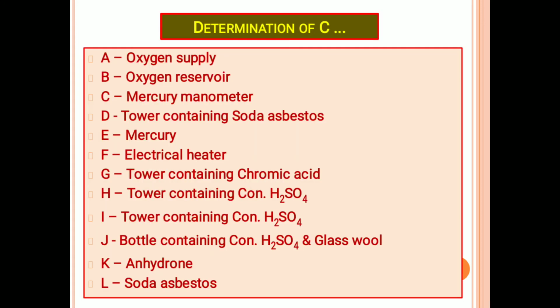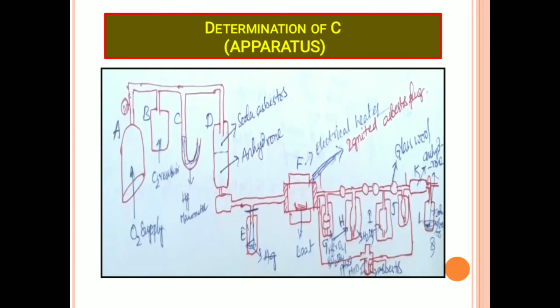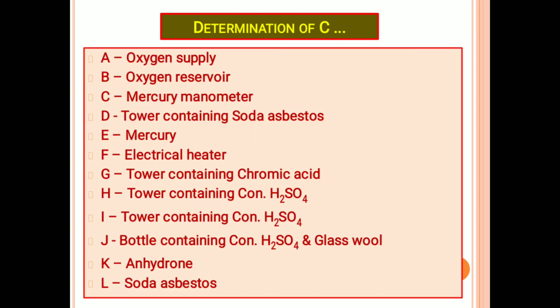And H is the tower containing concentrated H2SO4, and I also contains concentrated H2SO4. You can observe these two. So those two are towers containing H2SO4. And J is the bottle containing concentrated H2SO4 and glass wool.